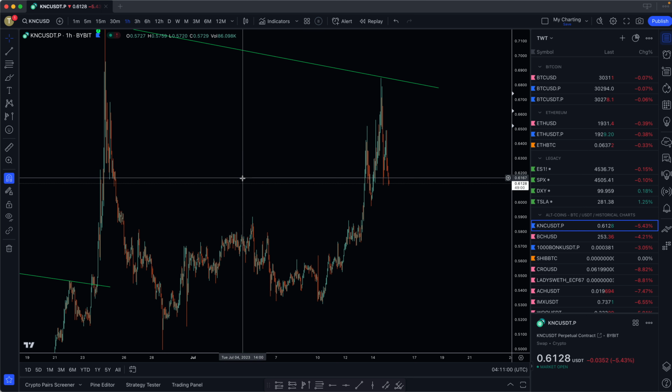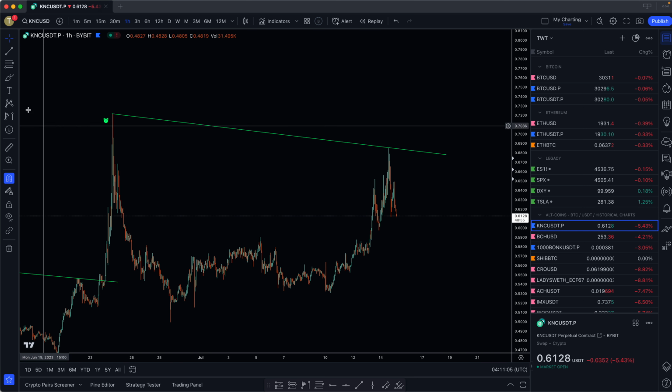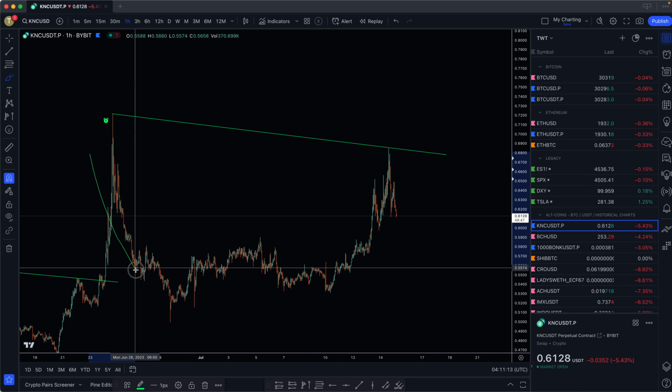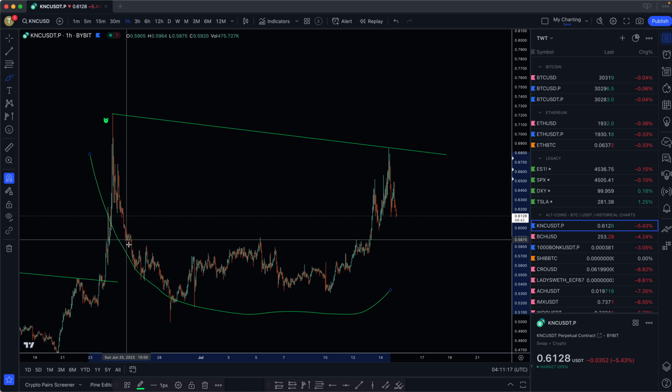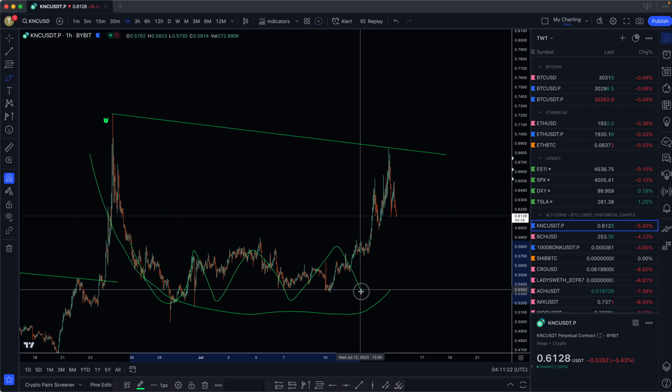Let me continue. So the left part of the cup, seen right here, the high, is made from a sustained uptrend in price, okay? So this bottom right here, the cup bottom, forms after a gradual decrease in price, okay? And this period is just consolidation, establishing a fair value for an asset.